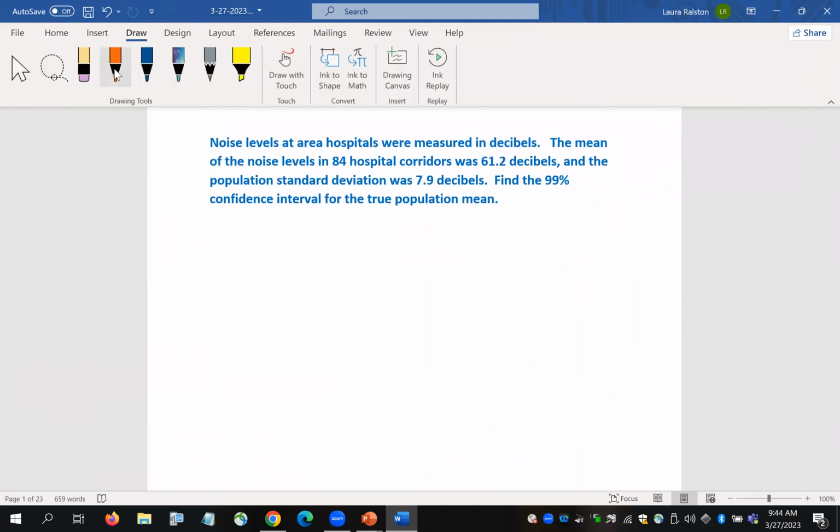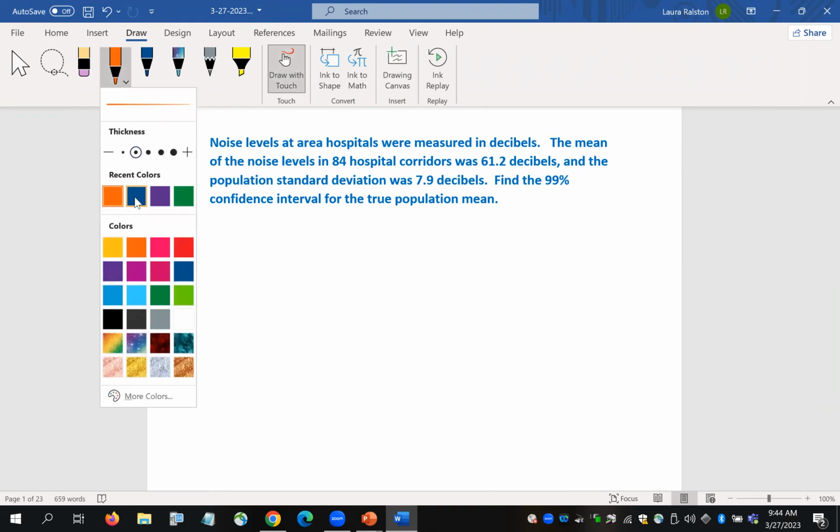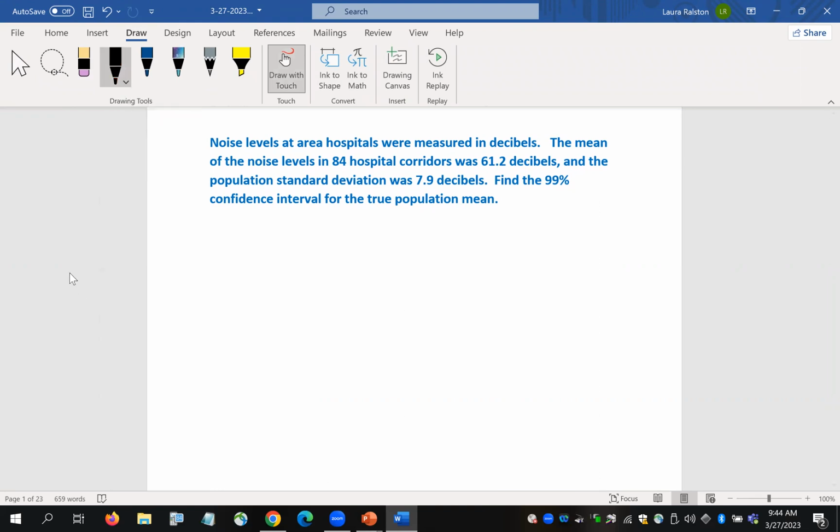So let's begin. It says, noise levels at area hospitals were measured in decibels. The mean of the noise levels in 84 hospital corridors was 61.2 decibels, and the population standard deviation was 7.9 decibels. Find the 99% confidence interval for the true population mean.